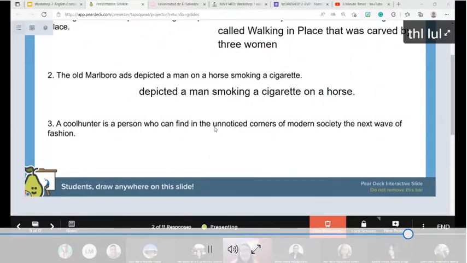Exactly. A cool hunter is a person who can find the next wave of fashion in the unnoticed corners of modern society. There we go.